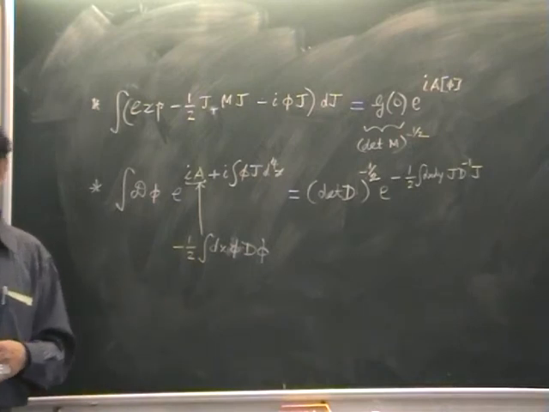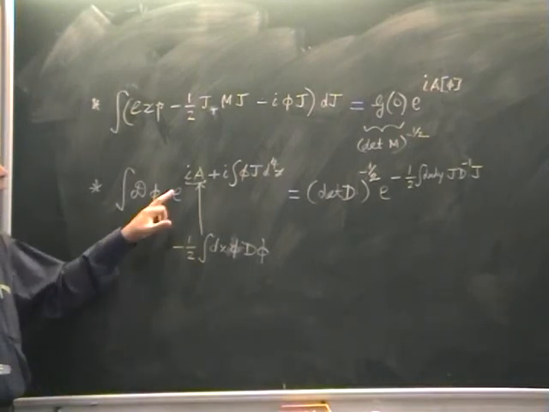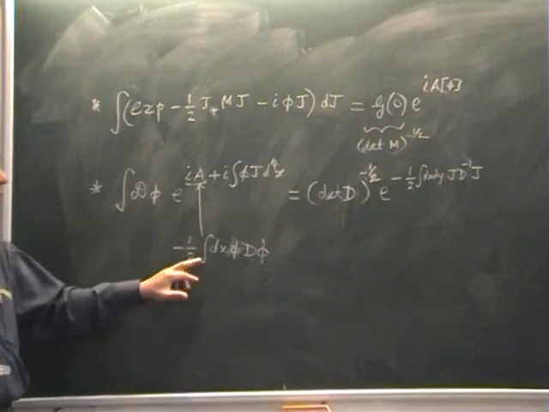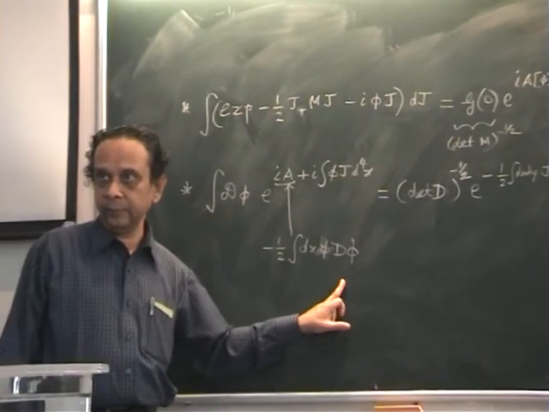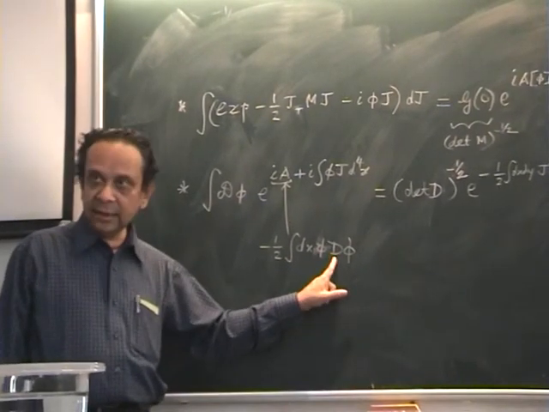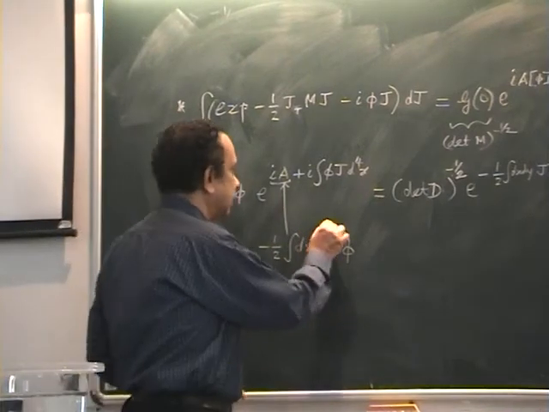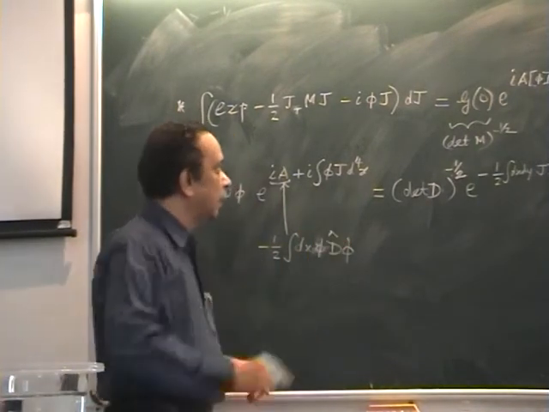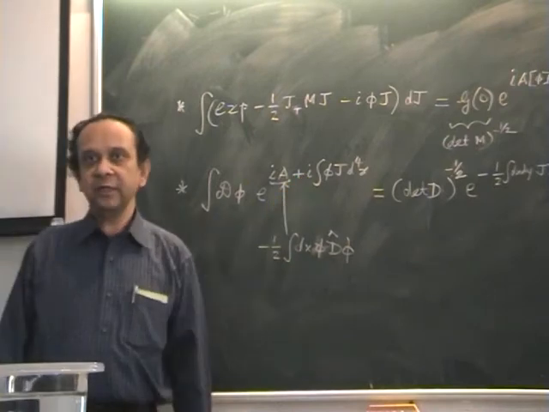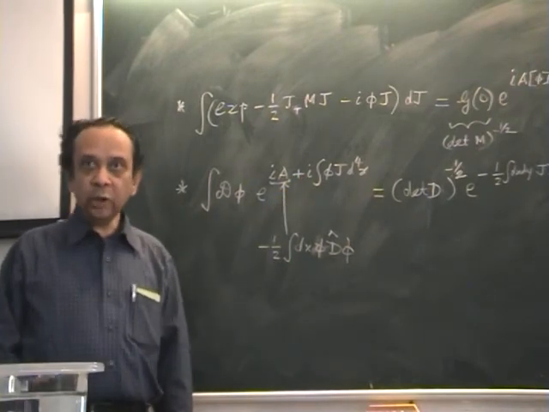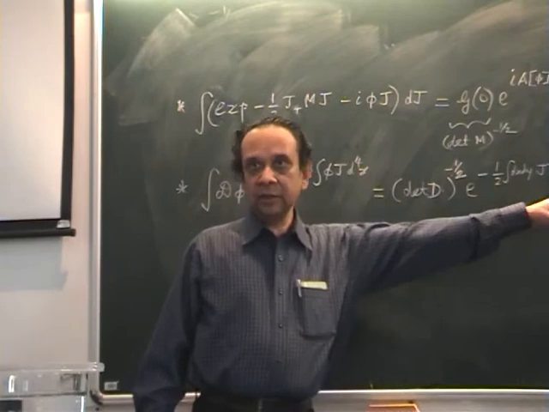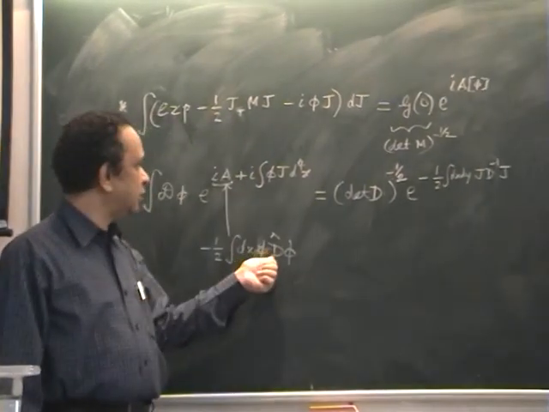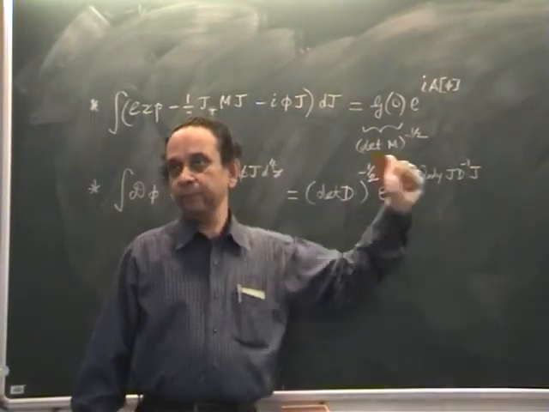That really doesn't make much of a difference. So you have an exponential of a quadratic functional with an operator sitting in the middle. Just to make it absolutely certain, let me put a D here. If you do a Fourier transform of that quadratic functional, what you get is another quadratic functional with the inverse of this D coming in here.